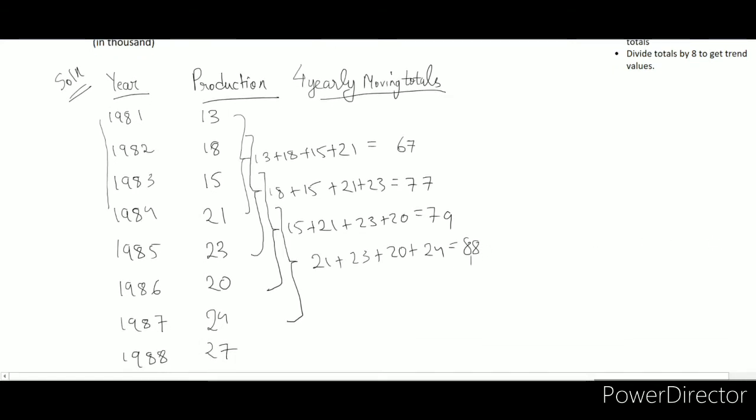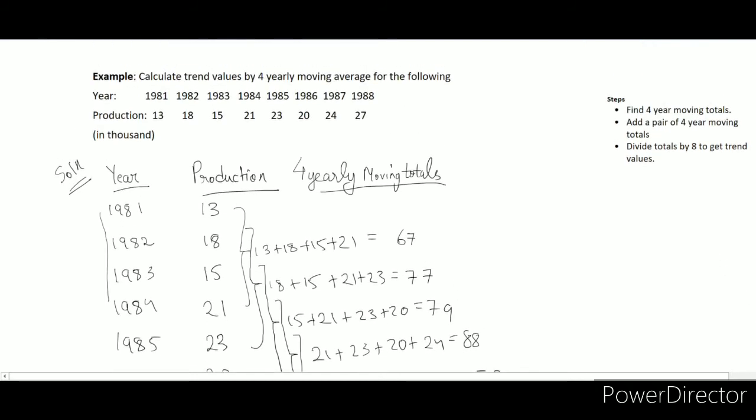Then the next group of years is from 1985, 86, 87, 88. 1986 and 87 are the middle years of this group, so the value will lie in between 1986 and 87, so you get 94.